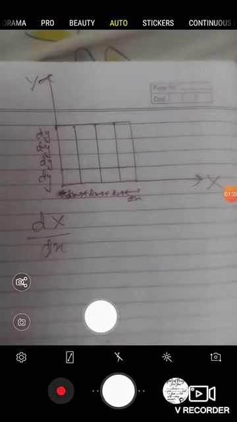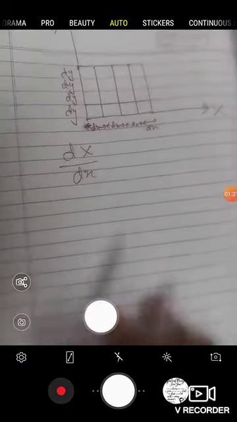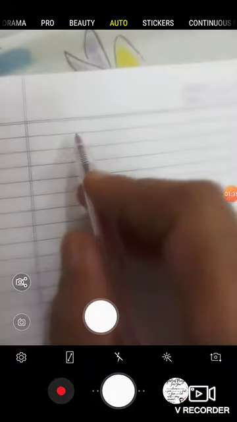In the same way, if you want to add small values to form a big value, then this is known as integration.